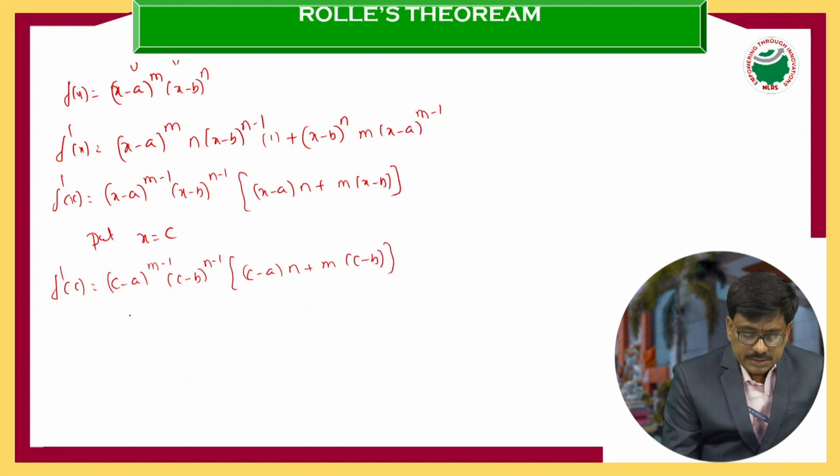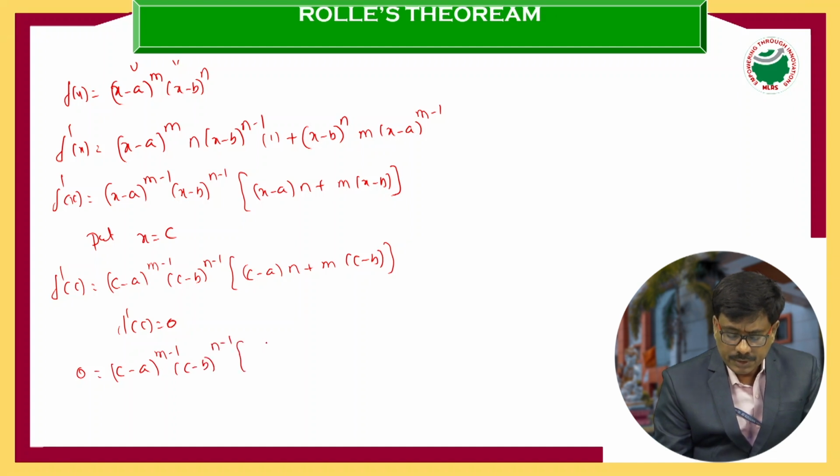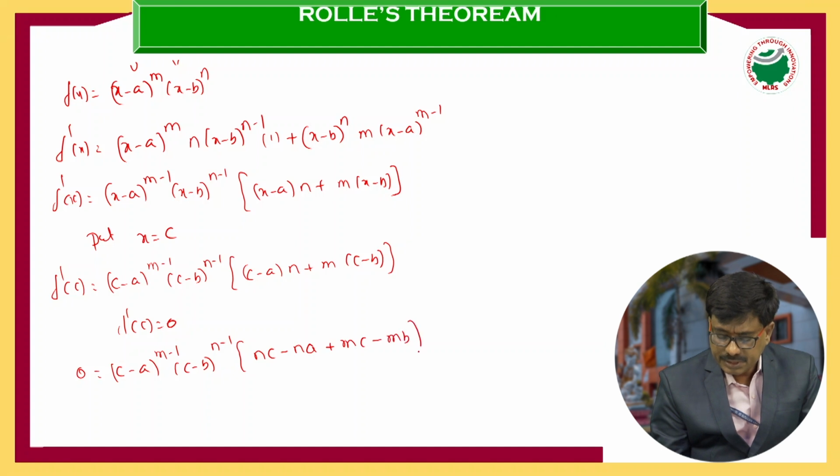What is the f dash of c value? F dash of c value equal to how much? 0. F dash of c equal to 0. Therefore, (c minus a) whole power m minus 1 into (c minus b) whole power n minus 1 into n into c minus n into a plus m into c minus m into b.